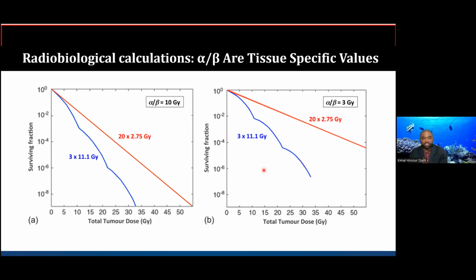In other words, the plot becomes more curved. And so normal tissues typically have much smaller alpha-beta ratios.